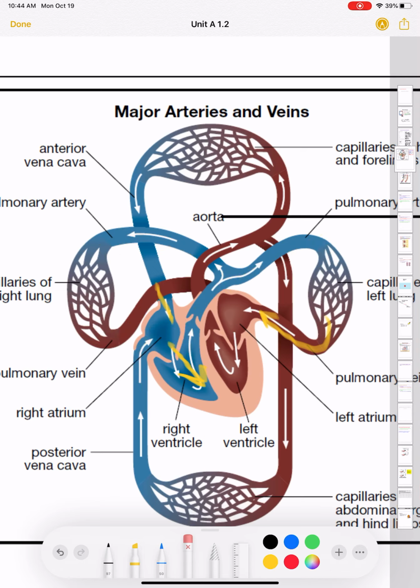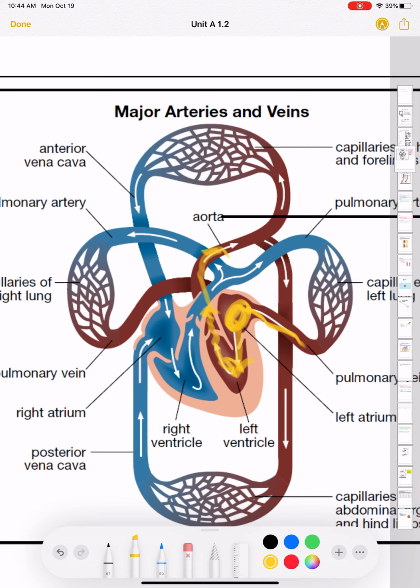Okay, so this looks like a lot of mess. I'm just going to take that off there. So we're coming back through the pulmonary veins into this part, which is known as the left atrium, and then through the valve to the left ventricle. The heart beats again, pumps the blood out of this valve, out through the aorta.